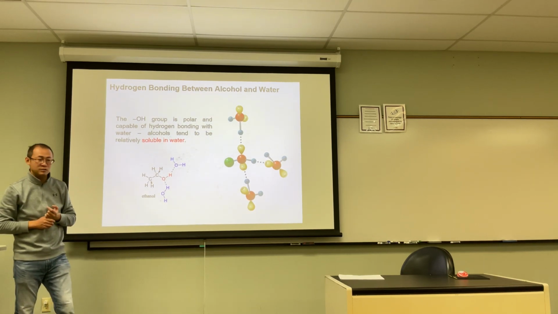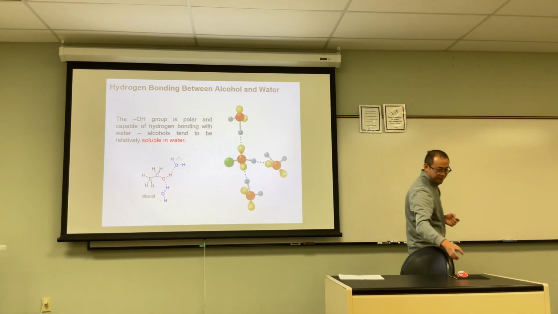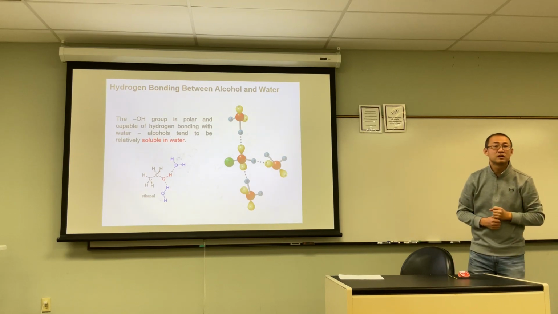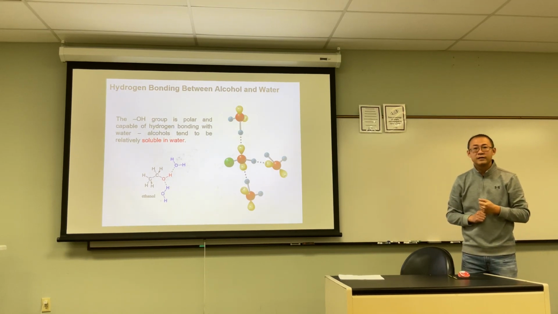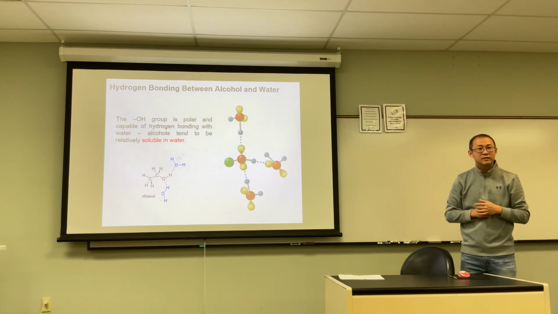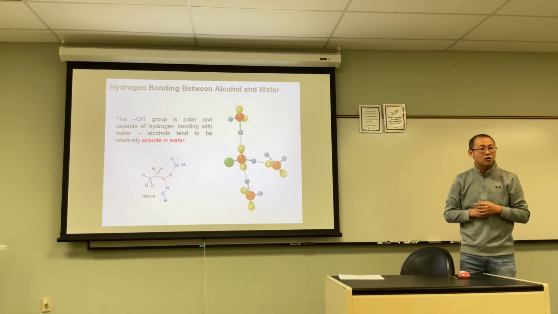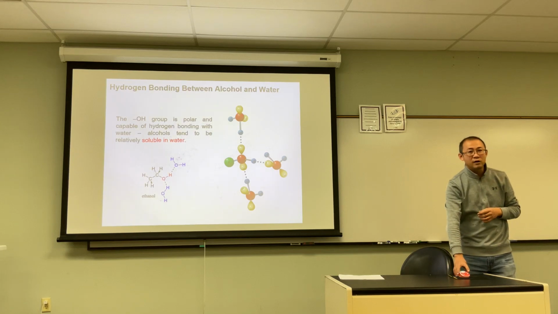Very water soluble. That's the first physical property, very important. Alcohols, because of the OH, which is polar, can interact with water through what? Hydrogen bonding. So alcohols are water soluble.